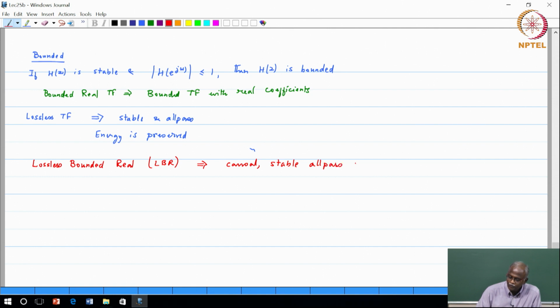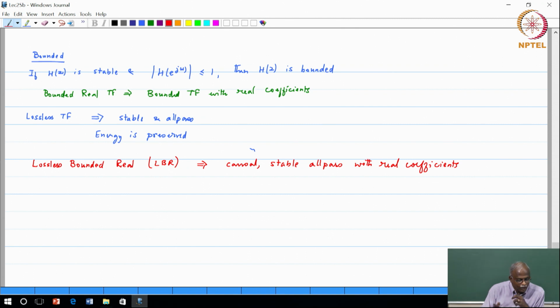Just lossless could mean an all pass function with complex coefficients, and another reinforcement of the property is that we also want things that are bounded.